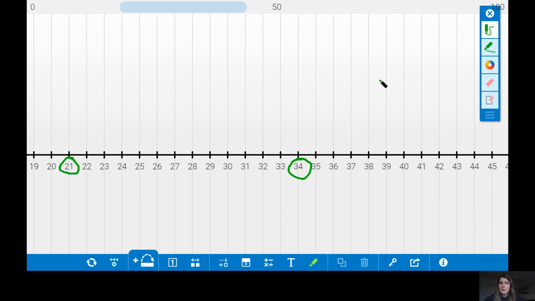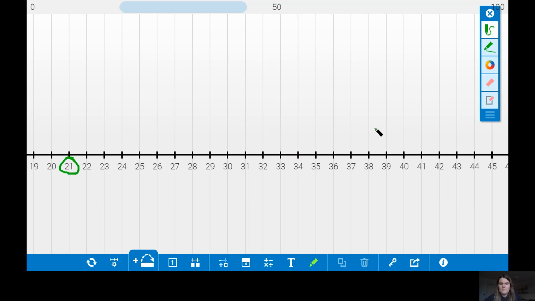I haven't circled the correct number on the number line. Are you sure? Okay. 21. And my number was 43. Oh no. I read my numbers the wrong way. Is this 43? It's not 43, is it? Thank you. Let's rub that out.